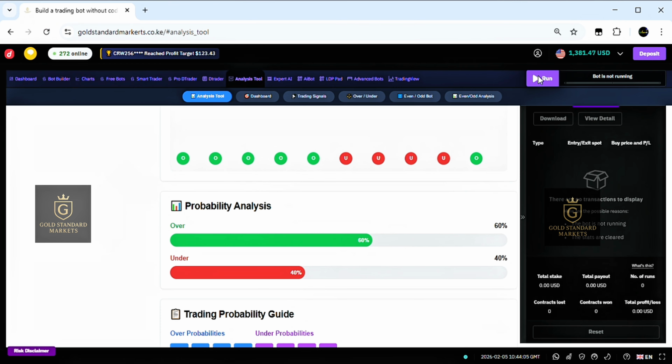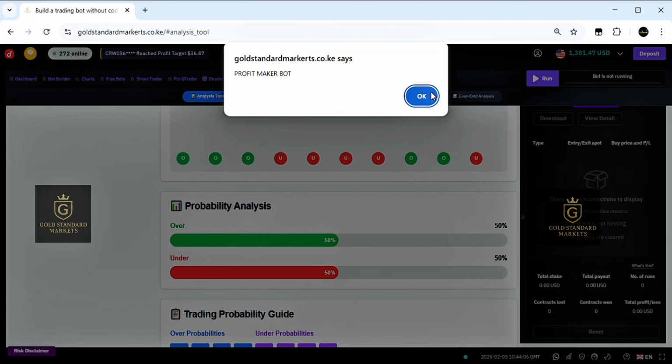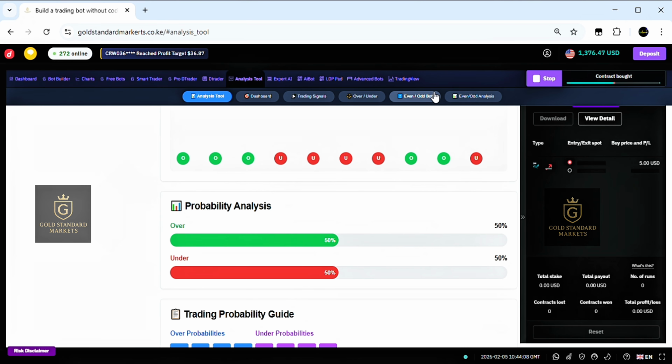Now imagine dividing that 20 across 24 hours, just for you to come on your system and run this thing 20 times to hit your TP. It makes sense now, right? So make sure whenever you're coming here, the overs are higher than the unders, and then whenever you're running it, you've got no issues at all.